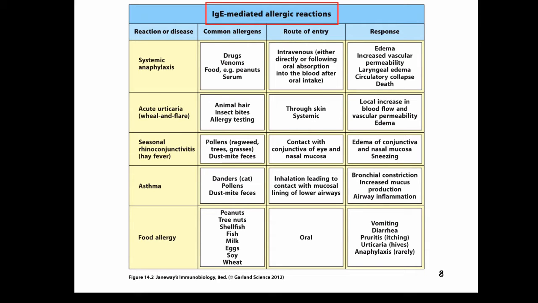And finally, many of us are also familiar with food allergies, so things that we eat through the GI tract also can induce an allergic response that's characterized by inflammation of the GI mucosa and may manifest itself in terms of vomiting, diarrhea, as well as itching and hives in the upper GI tract.